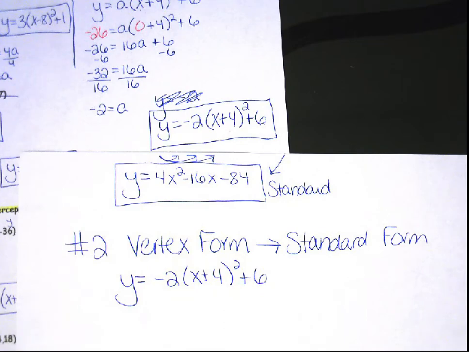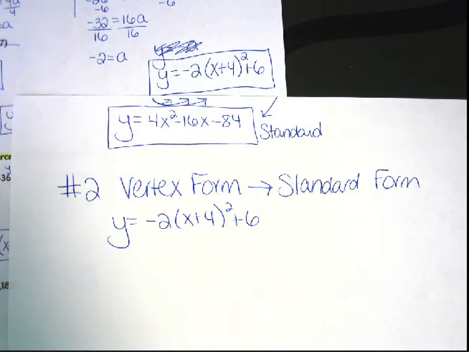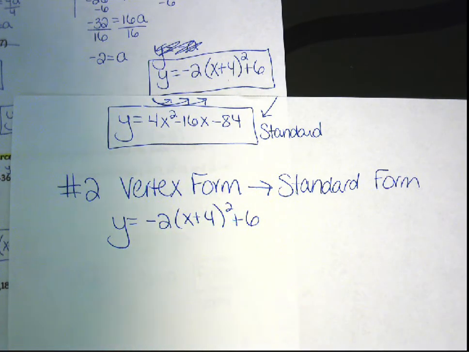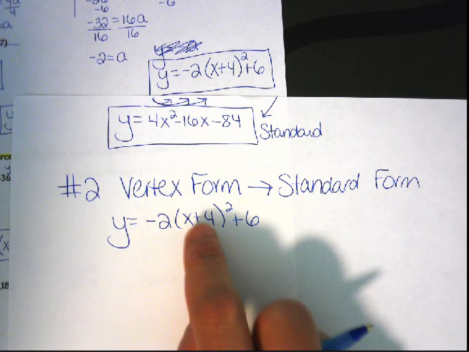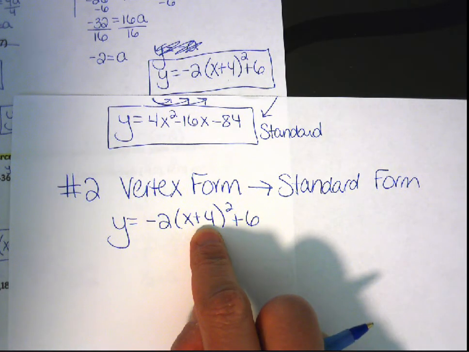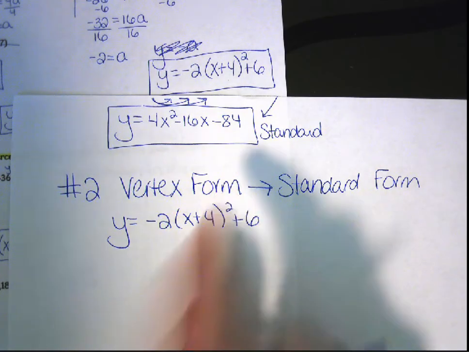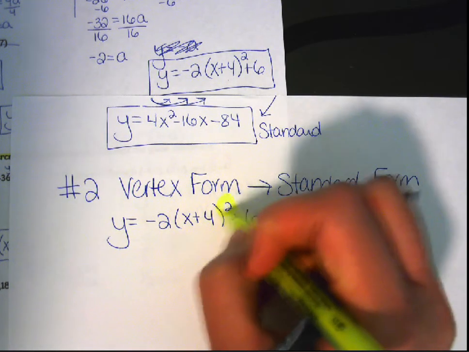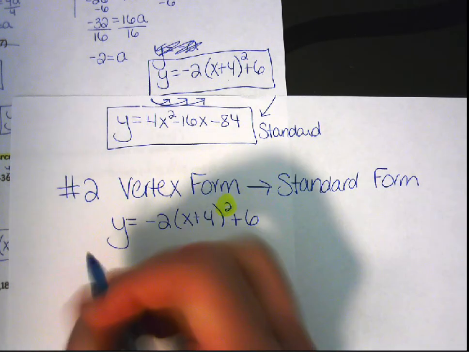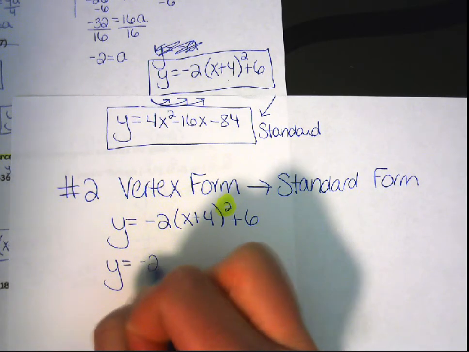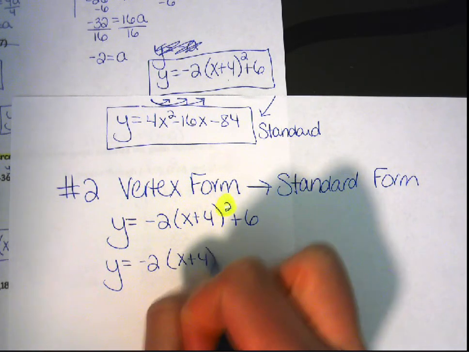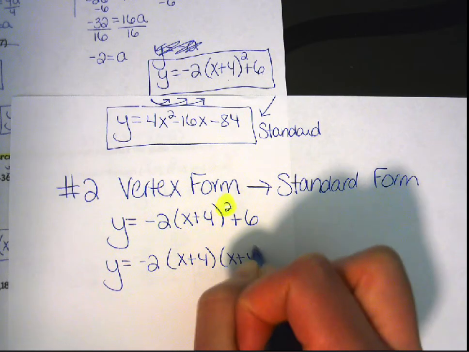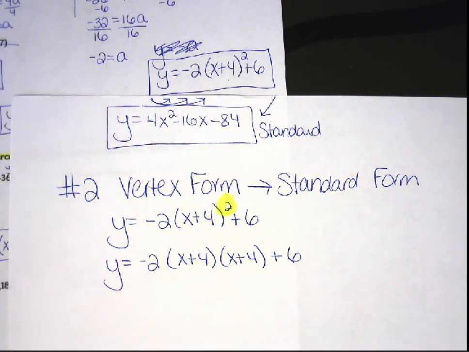And basically, I need to get rid of these parentheses, but I got to be very careful in how I'm going to do this. I have to do my parentheses and exponents first. Remember what this squared means. You cannot distribute this square. It means that your parentheses are repeated. It's like that.